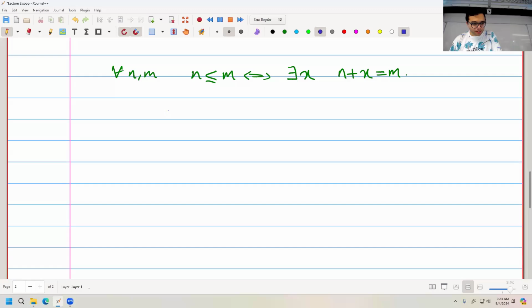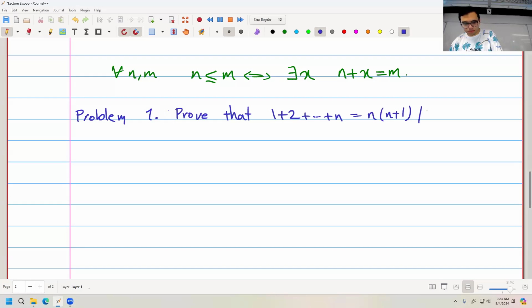So this is, let's say, problem 1: prove that the sum of the first n numbers, 1 plus 2, and so on to n, is equal to n times n plus 1 over 2. Okay. Now, in this course, we want to be a little bit more formal and write this like this. Okay.